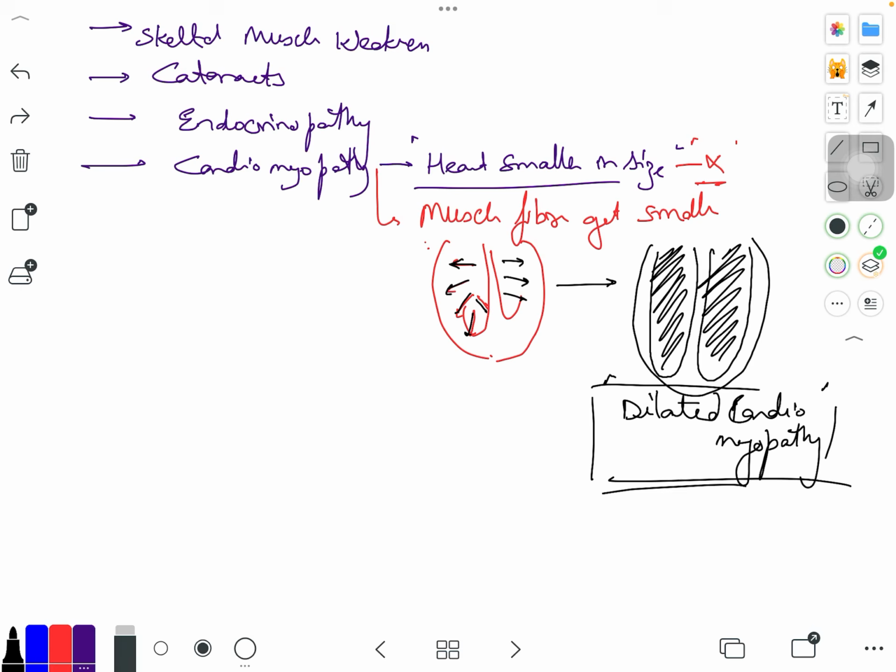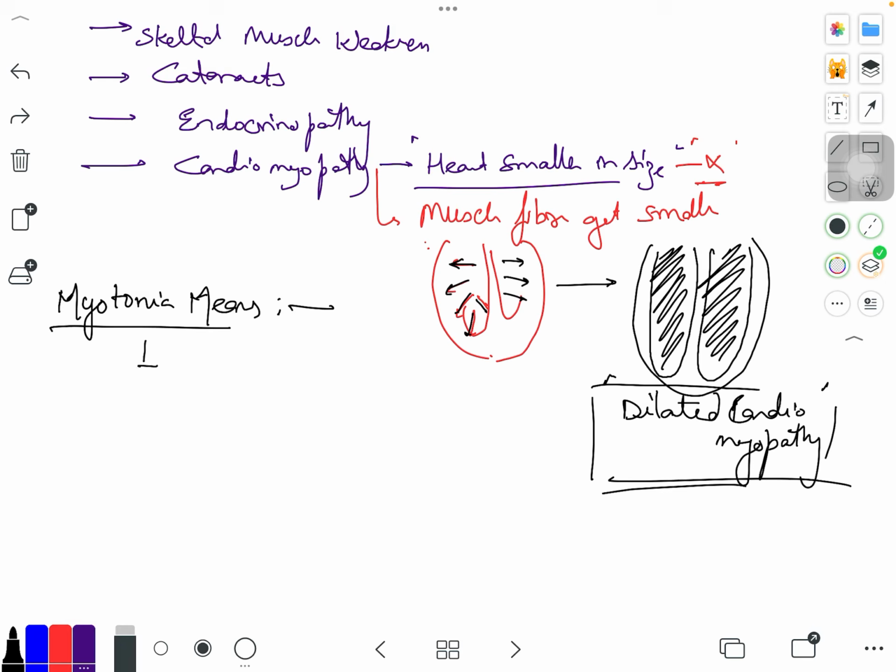Good. Now, very important to note here is what the term myotonia means. In the previous slide, we said that myotonia is muscle spasm.